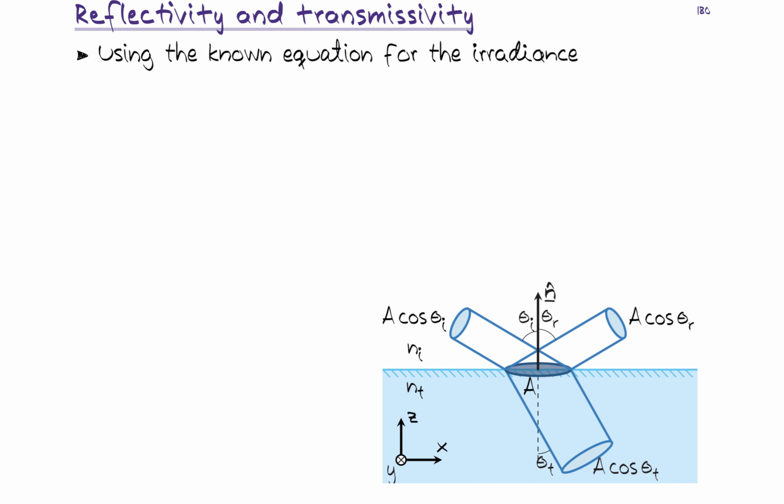Of course, we can start by writing the equation we know for the irradiance, I. Most of the time, optics people equate irradiance with intensity, and I'm also most of the time using the word intensity.